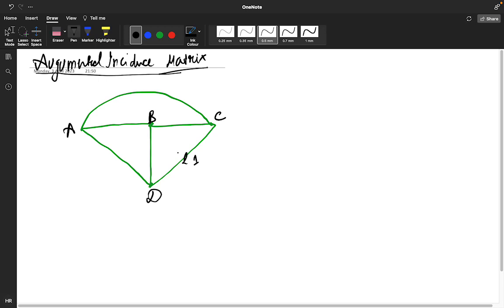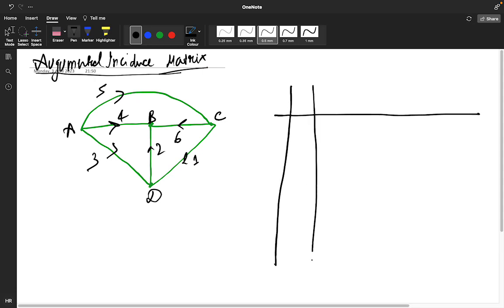This is your 1, this particular is your 2, this is your 3, this is your 5, this is your 4th branch, and this is your sixth branch. Okay, now you have to write the branches like this.